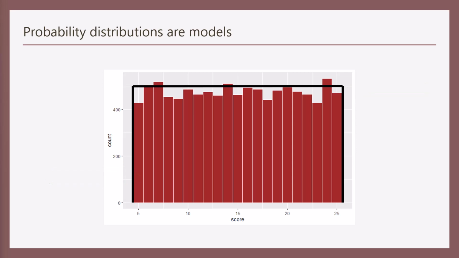We might have theoretical reasons to believe that the population distribution will look a certain way. But whatever the case, that mathematical model is for the population, not as we see pictured here for the sample. We're only doing it this way because we don't have access to the whole population.